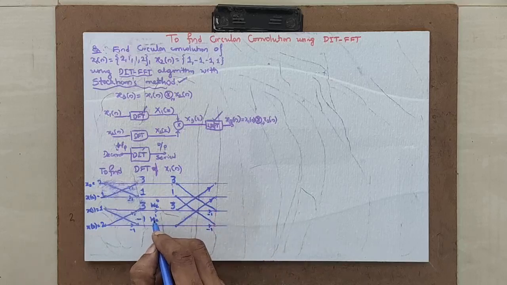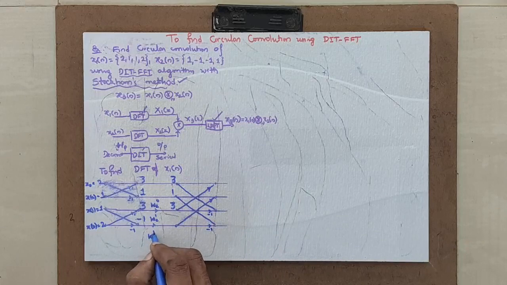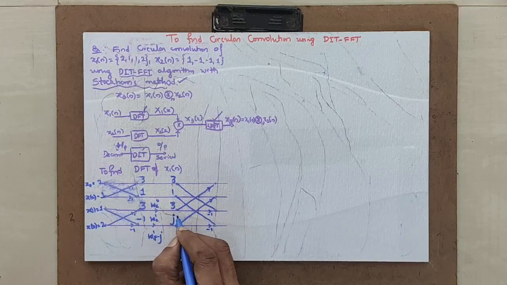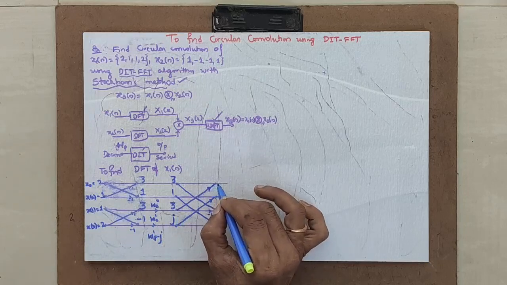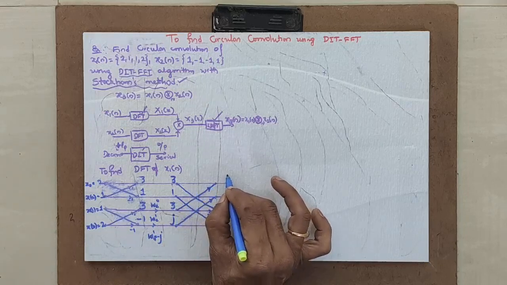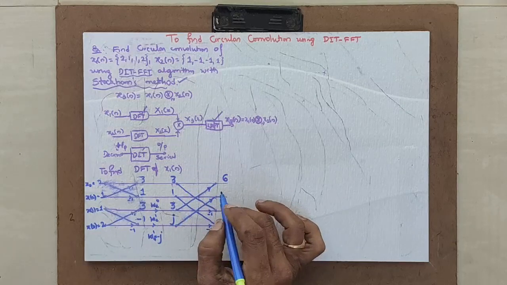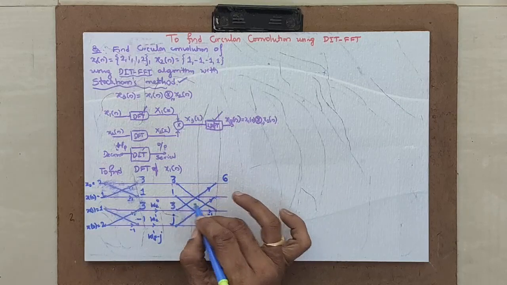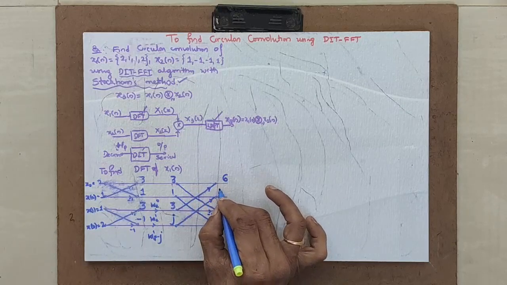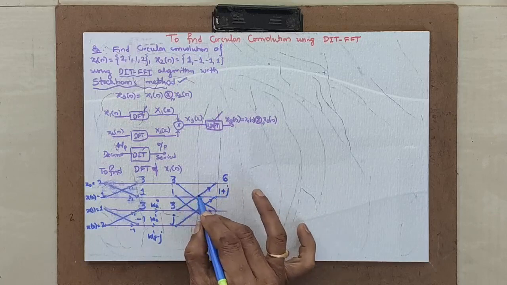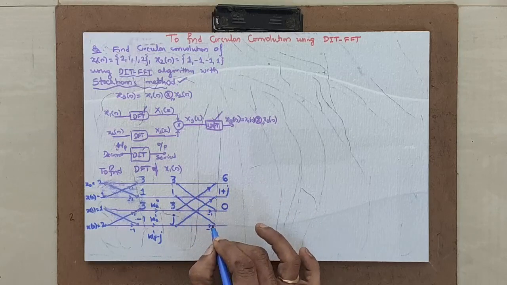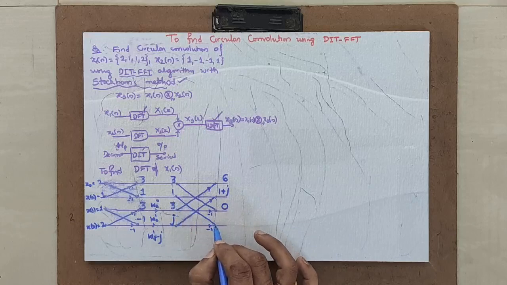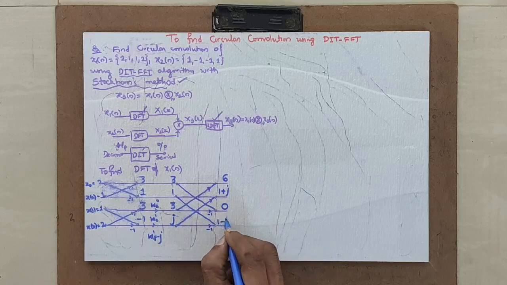W4 1 is equal to -j. -j into -1 is j. Now last stage. 3 plus 3, 6. Then here 1 plus j. Next 3 minus 3, 0. Then 1 minus j.